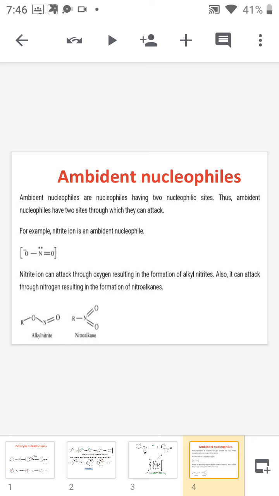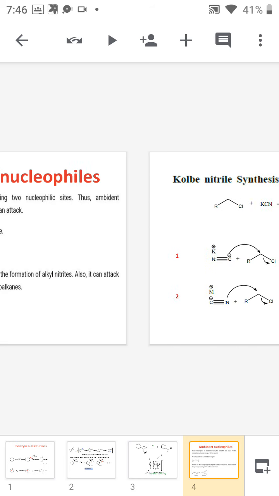So there are 2 attacking sites in the nitrite ambident nucleophile. One is O minus, the second one is the nitrogen. If it undergoes the reaction, we will get 2 products, alkyl nitrite and nitroalkane, but one of the products is the major one. See the example.